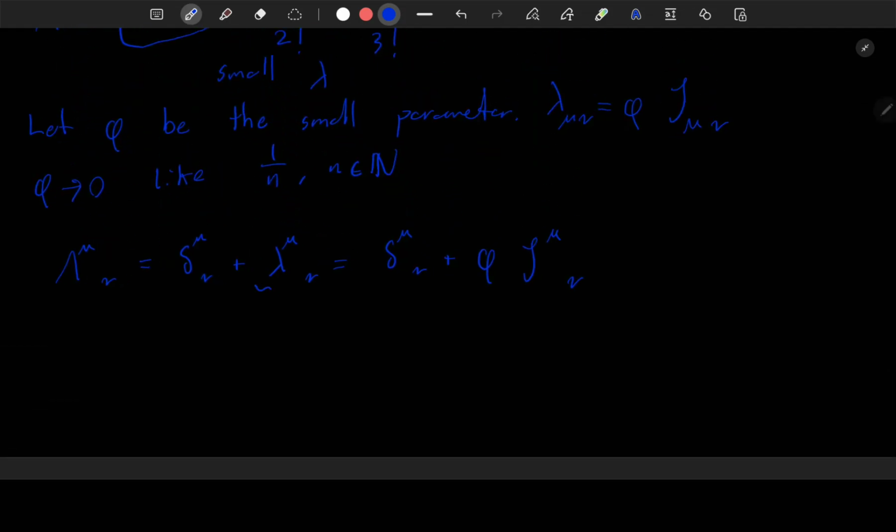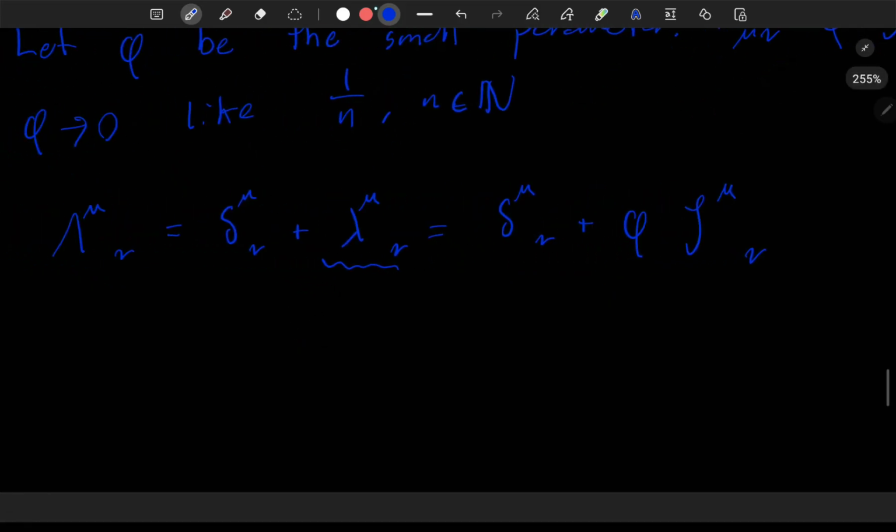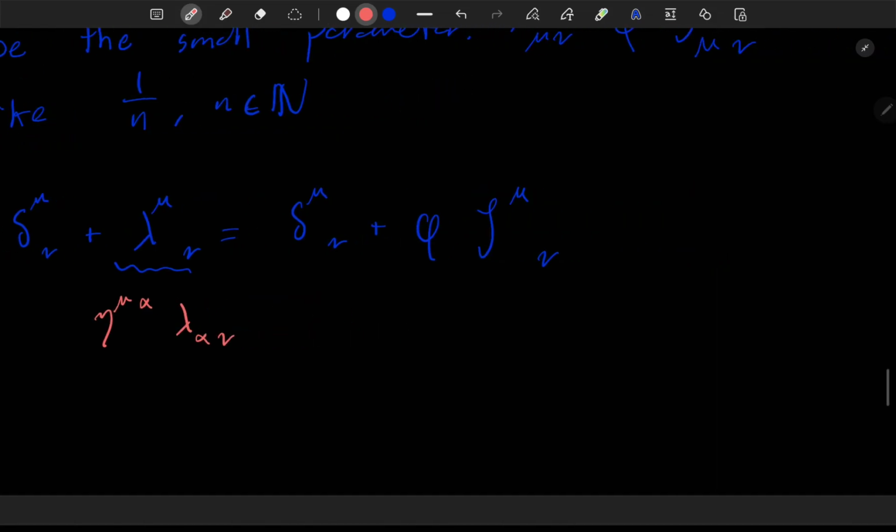Now, we don't know the form of this yet. We know the form of this. So let's rewrite it real quick. That is the same thing as raising that index, alpha mu, and then let's repeat that over here.